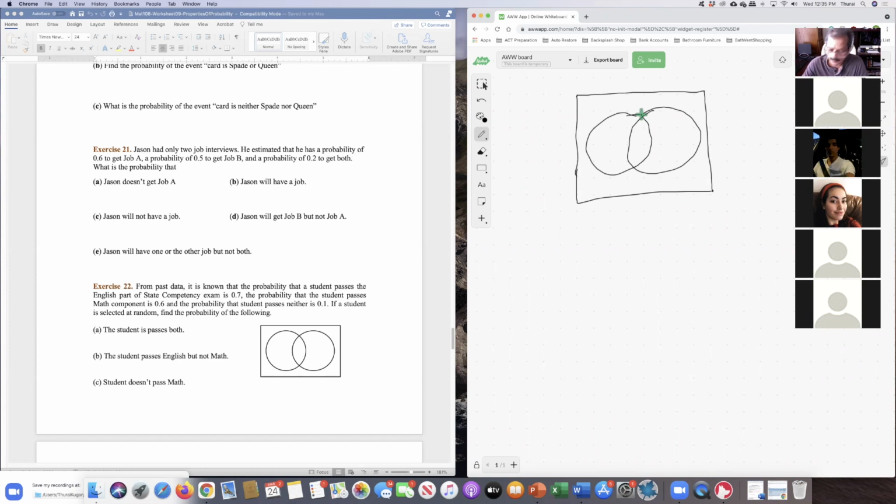English 0.7, math component 0.6, and 0.1 to pass neither, so 0.1 is outside.